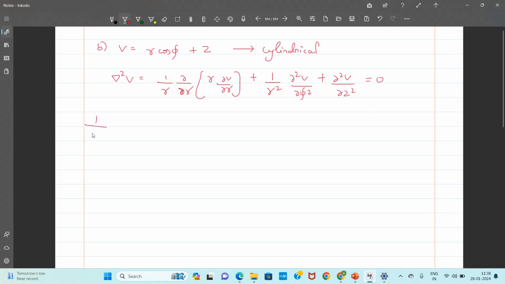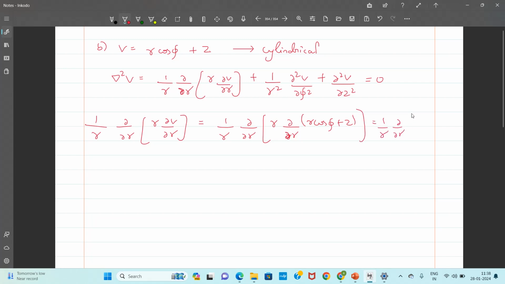So first we'll consider the first one, 1 by r dou by dou r into r dou v by dou r. So 1 by r dou by dou r into r dou by dou r of, in place of v, put this equation here, r cos phi plus z. So now what you're doing is differentiating with respect to r, right?